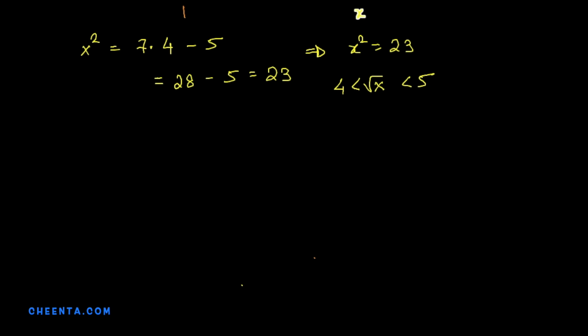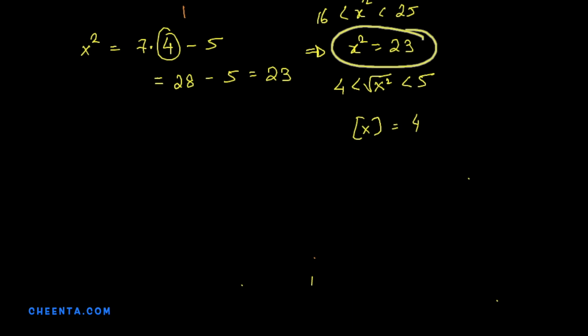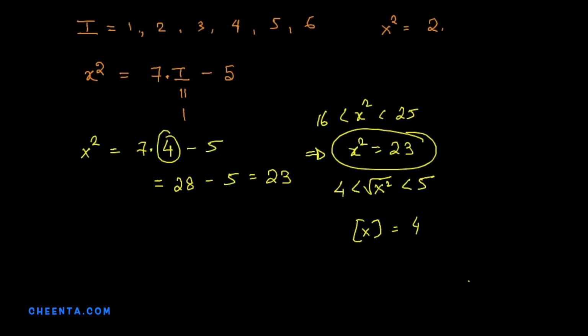Because x squared is between 16 and 25, which means floor of x is 4, which is exactly what we needed. So x squared equal to 23 works.